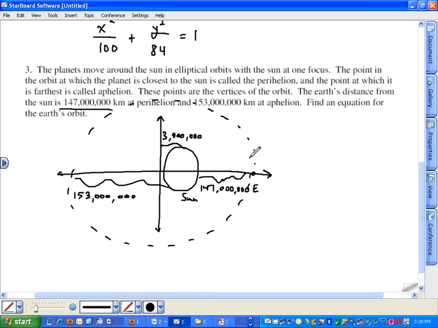Which means the distance from the Earth to the center of this elliptical orbit, which are the vertices, is 150 million kilometers. Now, rather than writing all these numbers with so many zeros, let's switch to scientific notation. 150 million is 1.5 times 10 to the 8th kilometers.